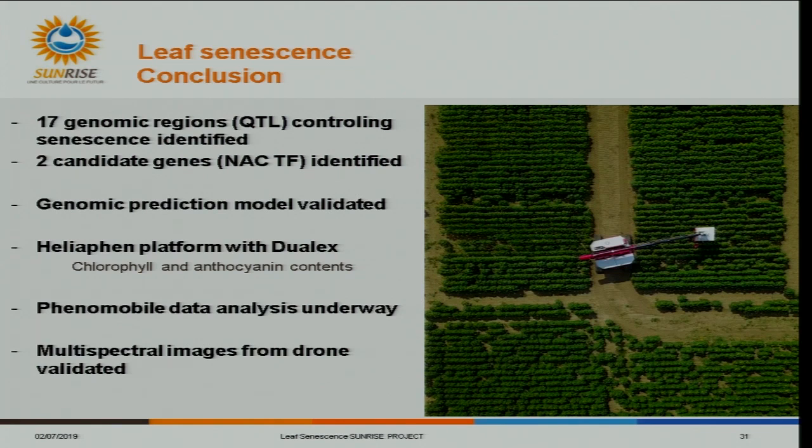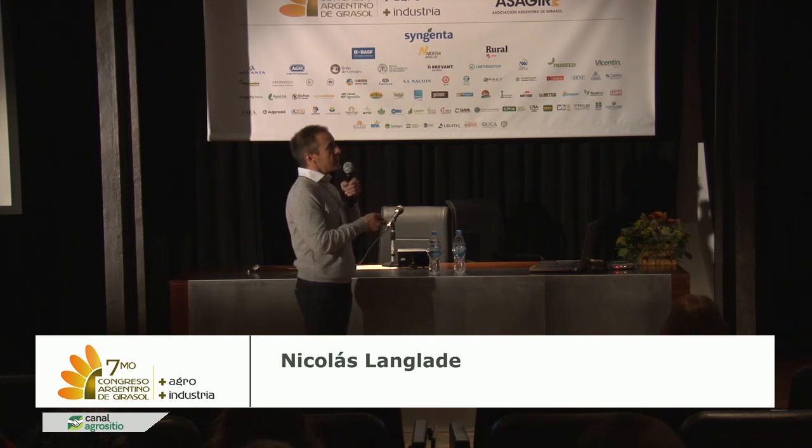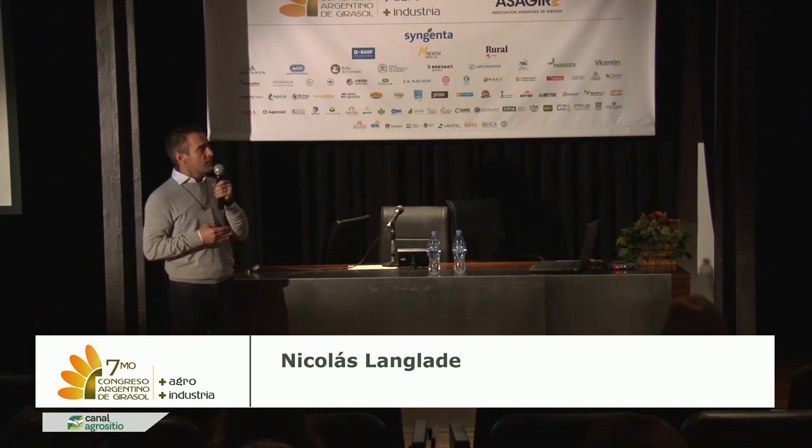We then invested a lot of effort in automated phenotyping of leaf senescence to be able to characterize all the genetic populations more easily, including the Heliaphen platform and the DualX, and we are also working on the image analysis. The Phenomobile data was acquired, and we will start the image analysis at the end of this year.